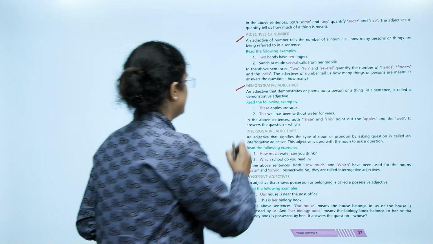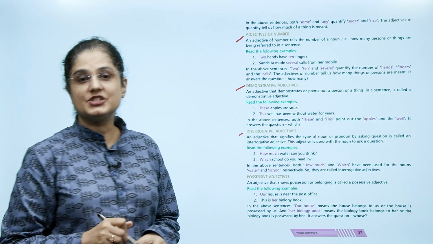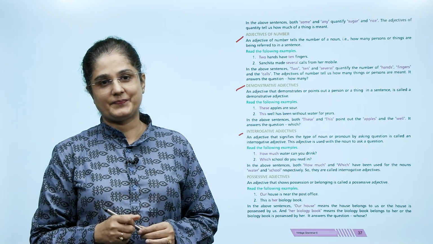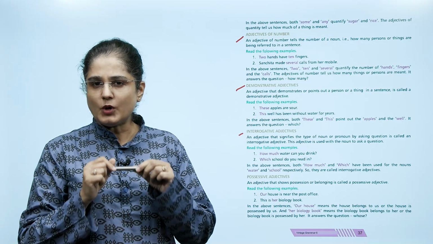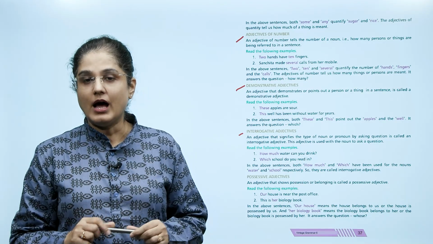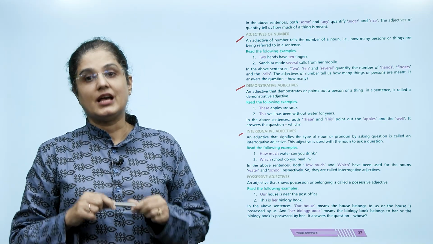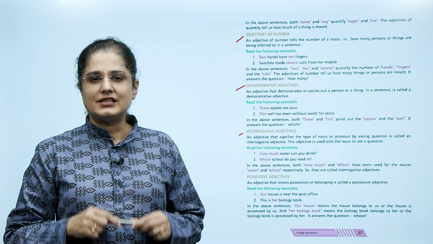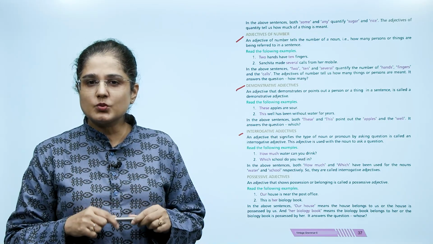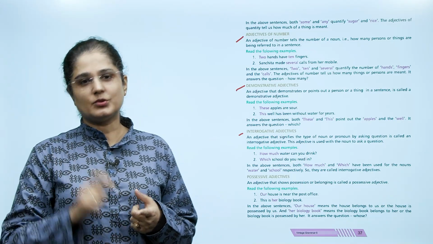Now we have interrogative adjectives. An adjective that signifies the type of noun or pronoun by asking questions is called an interrogative adjective. This adjective is used with the noun to ask a question.